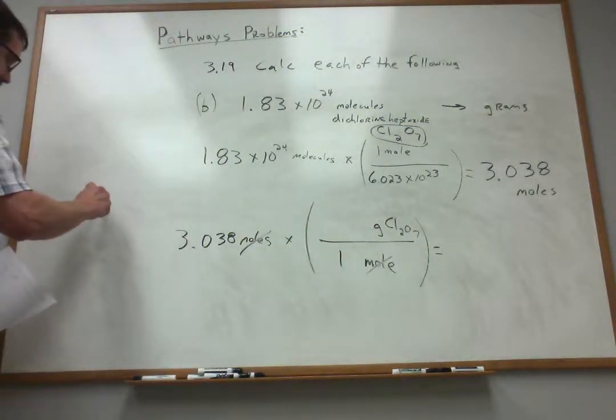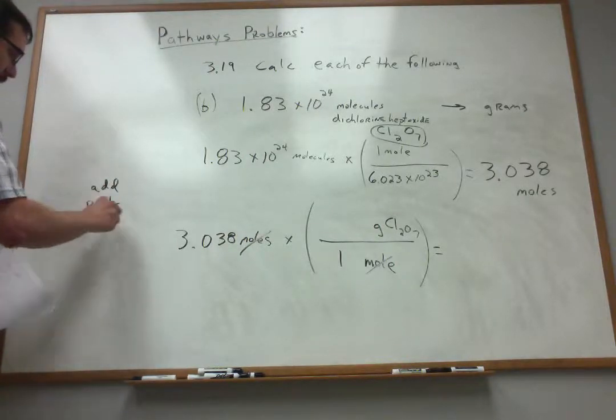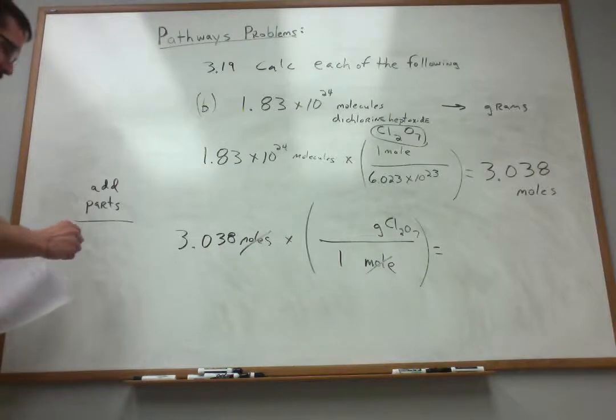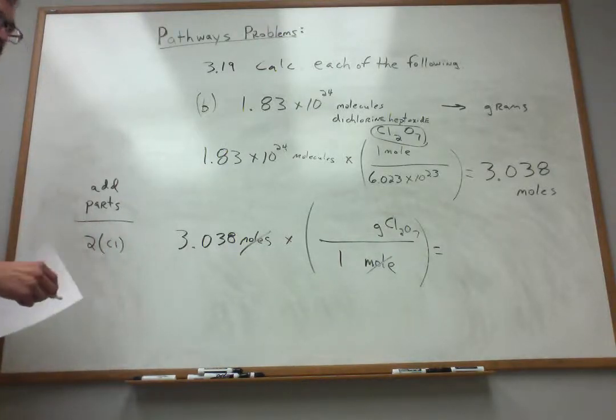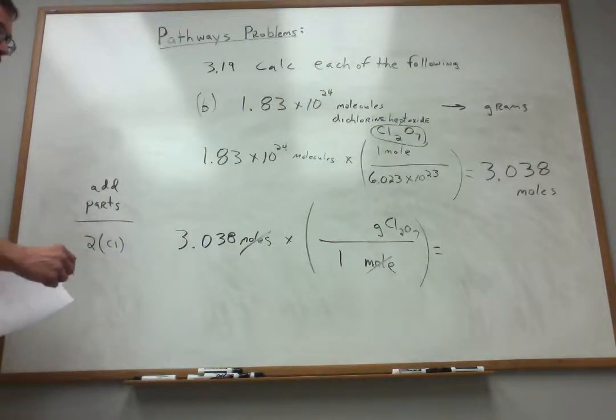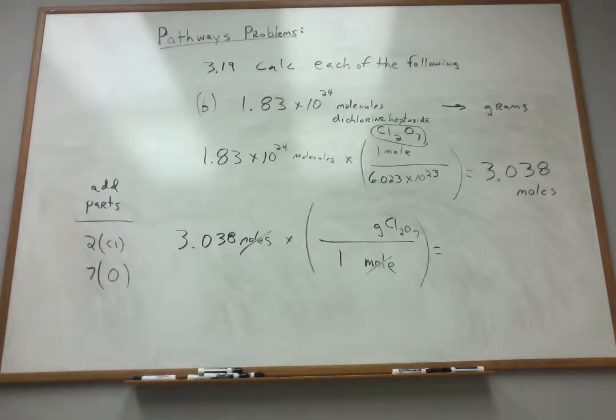So again, to find the molar mass, we simply add up the parts. I've got 2 moles of chlorine atoms per mole of this compound, and the formula states I've got 7 moles of oxygen. So 2 parts chlorine, 7 parts oxygen.